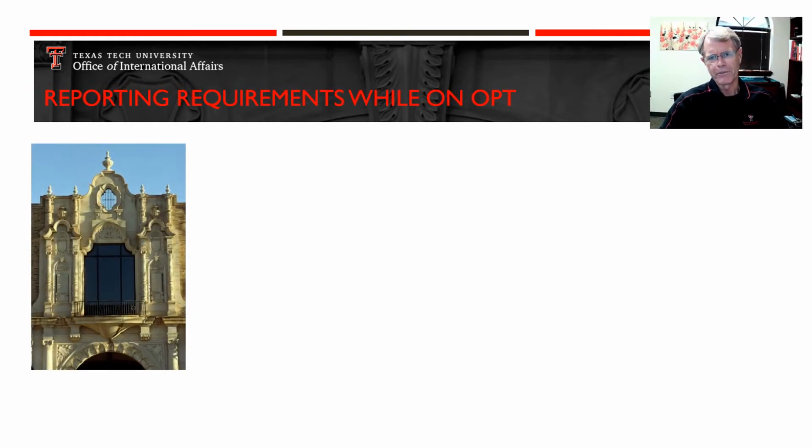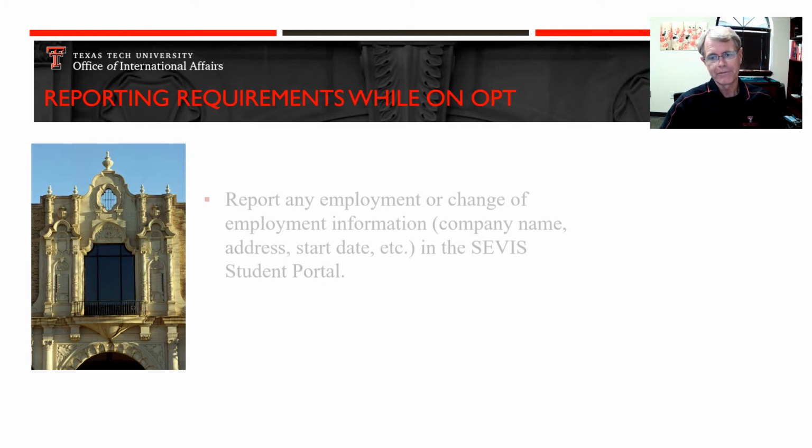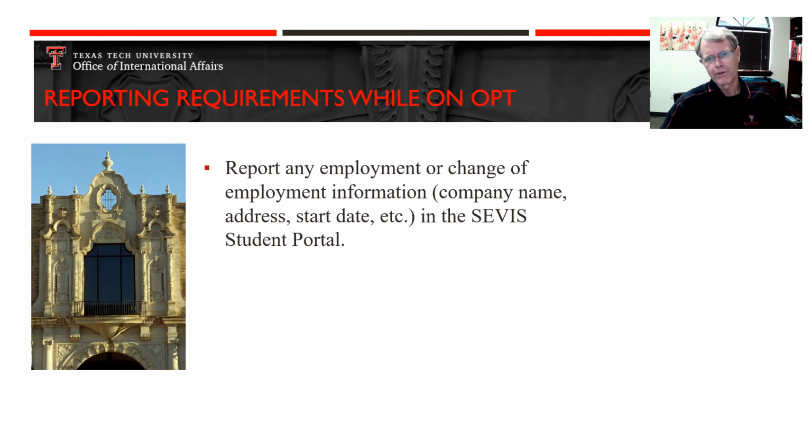There are some very important reporting requirements while you are on OPT. You must report any employment or change of employment, the details of that, company name, address, start date, in the SEVIS student portal. During your 12 months of OPT, you must also report in this portal any changes in your physical address, where you are living.